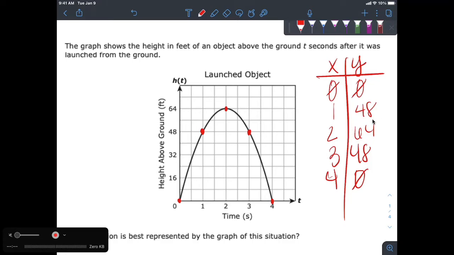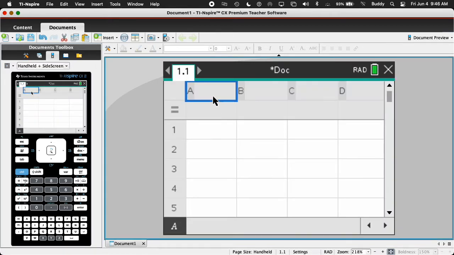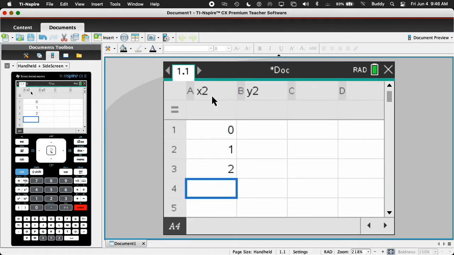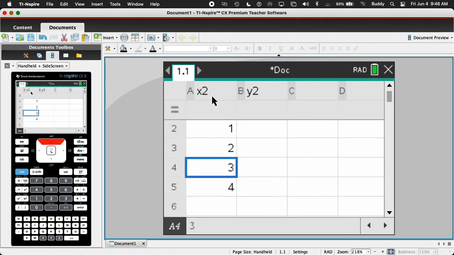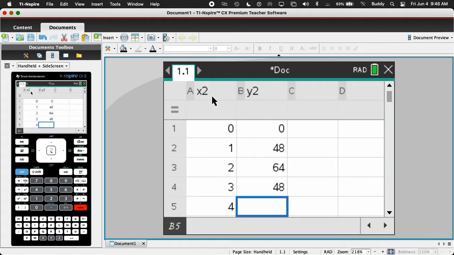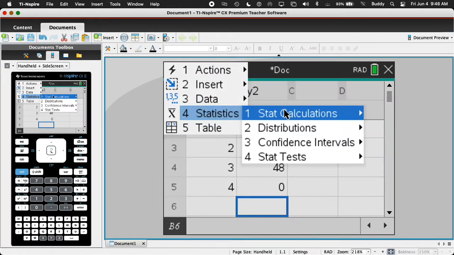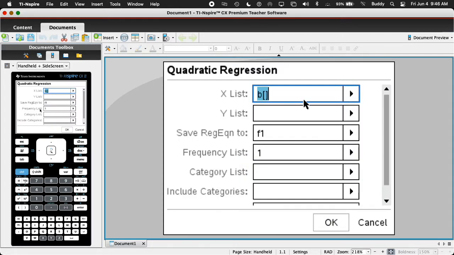So this is going to be my maximum. Now I'm going to swing over to my calculator and run that regression. I'll run my quadratic regression.